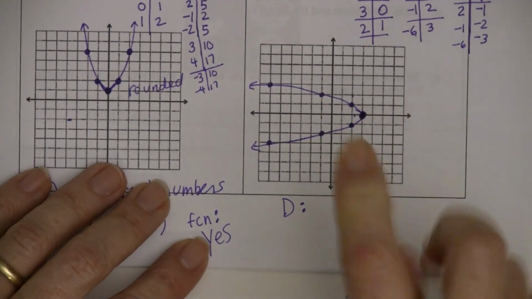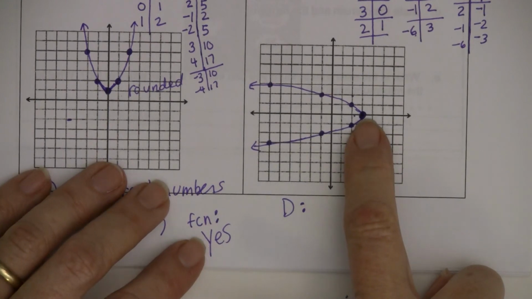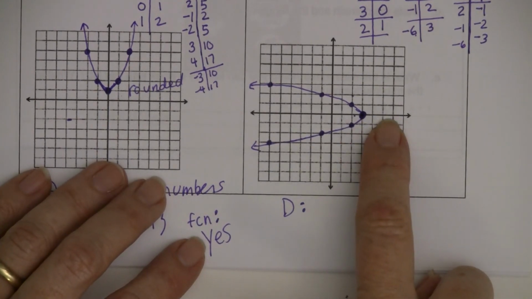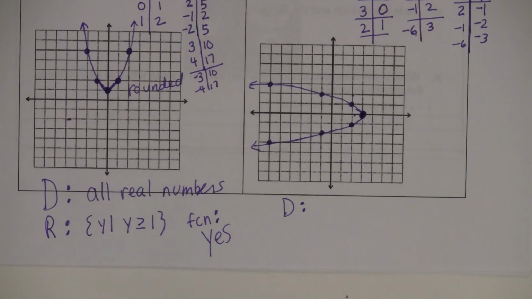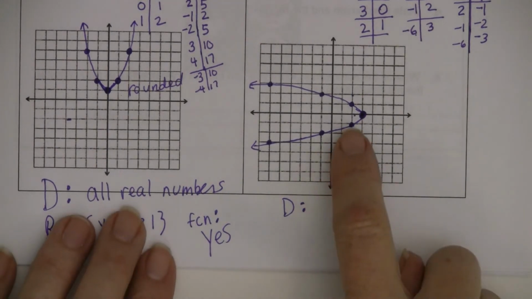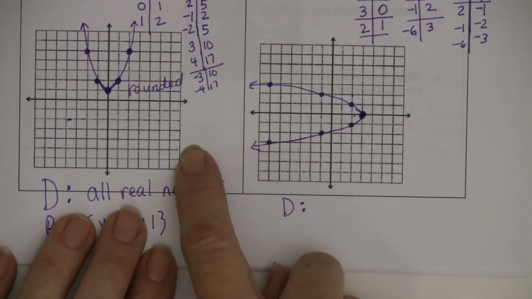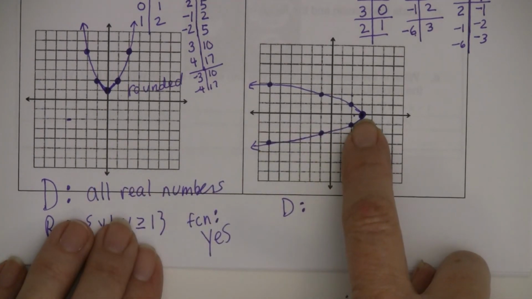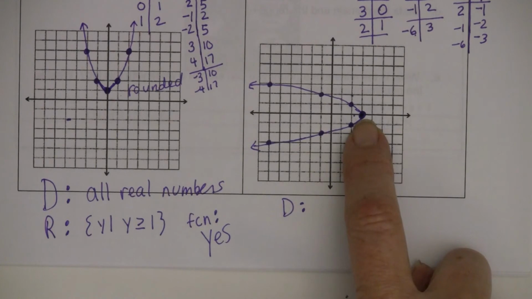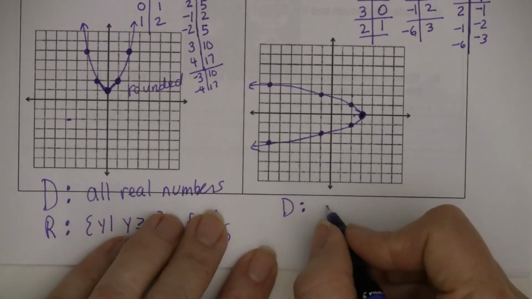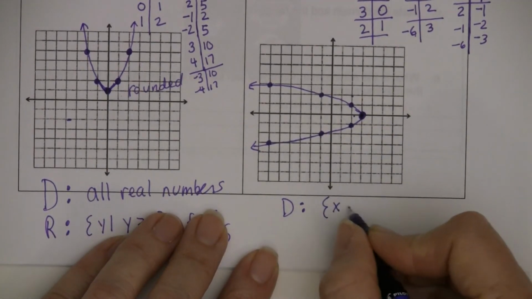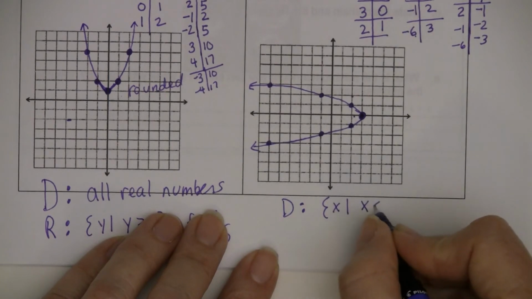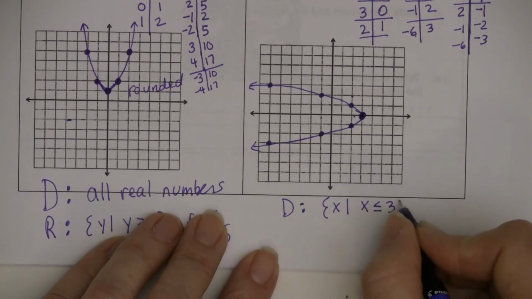And you notice that the graph doesn't go to the right of that point at all. And the domain is like your left and your right. And so from the left, I can go on forever, right? But the highest I can get to as I go to the right is 3. So it is our set of x such that x is smaller than or equal to 3.